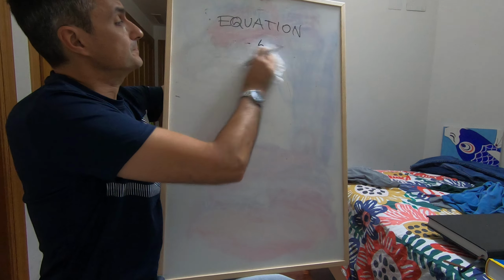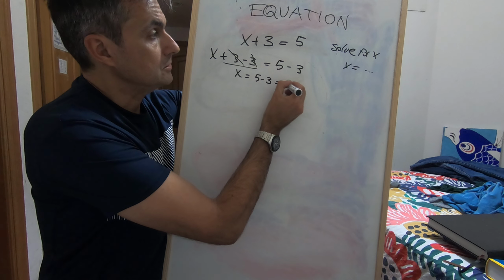So we try to get rid of what accompanies the x. How? If I subtract 3 on this side, if I do x plus 3 minus 3, I have to subtract 3 on the other side of the equation, and plus 3 minus 3 is equal to 0, so I have x equal 5 minus 3, which is 2.